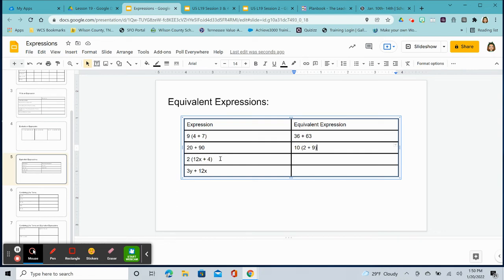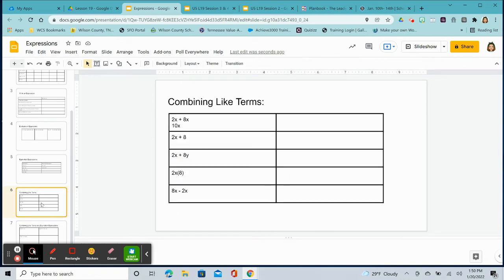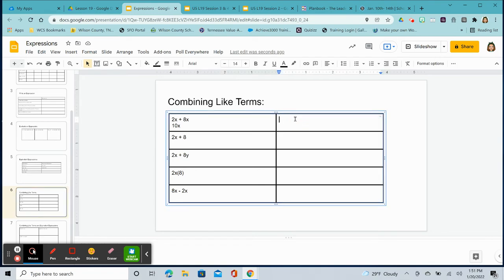All right. And before I talk to you about those two, I want to first go over this chart. This is a chart that you want to write down, that you want to have in your math notes to refer back to, especially since we will be moving into equations.